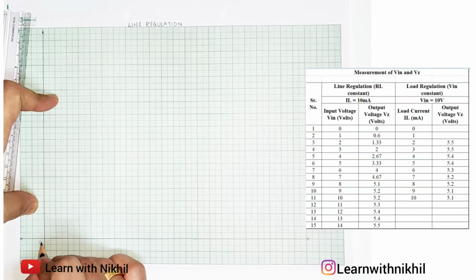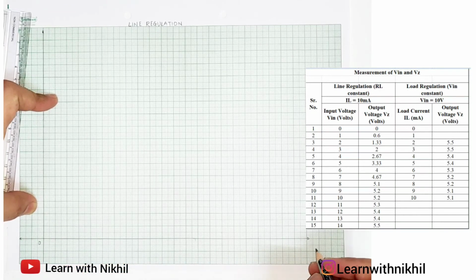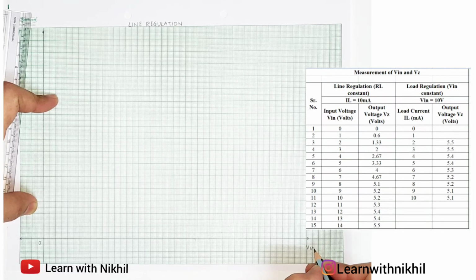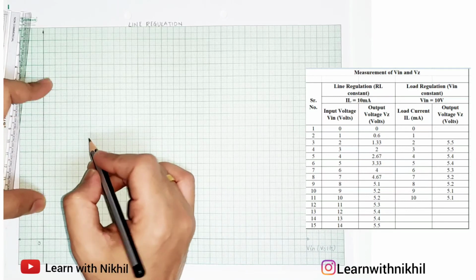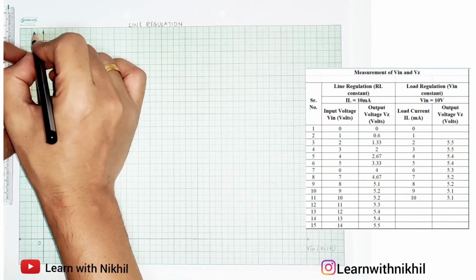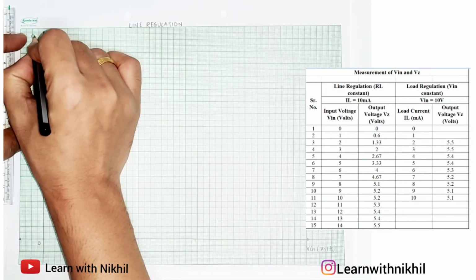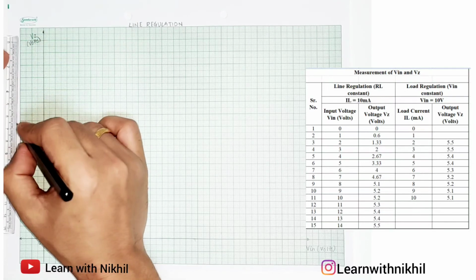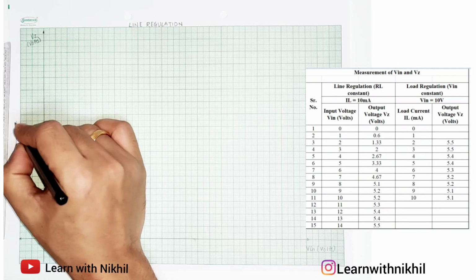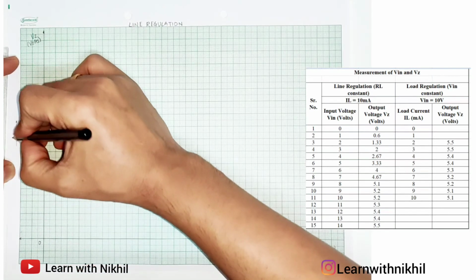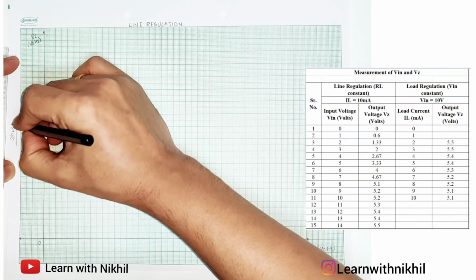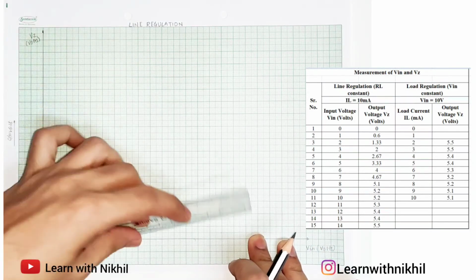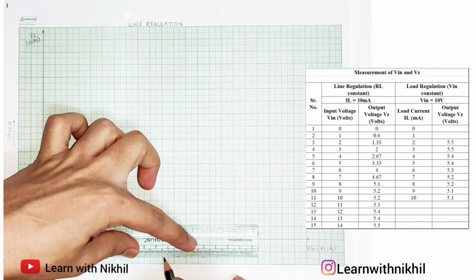Now to start with the graph, this will be the point 0. Here will be the x-axis, that is input voltage V in, so you have to mention it. Here will be the output voltage Vz, that is also in volts. Just mention it here: output voltage, and here input voltage.